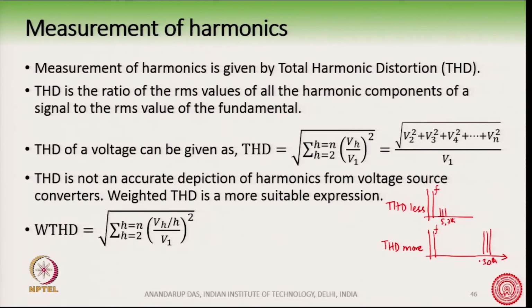Now, if you go by the definition of THD, of course, we want the THD to be as low as possible. If THD is less, the harmonic contribution is less, whereas if THD is more, the harmonic contribution is more. So, we would say, okay, let us choose this one, but actually this is not good, because the lower harmonics, the 5th and 7th harmonics, are more detrimental and more problematic.